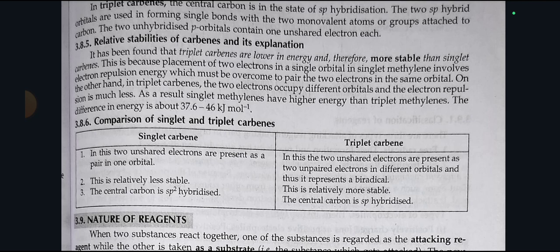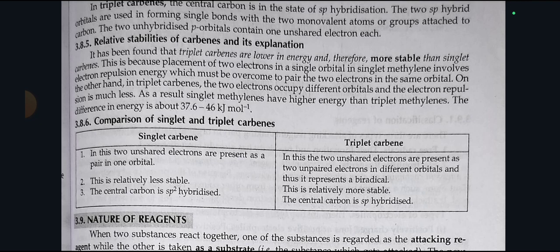On the other hand, in triplet carbenes, the two electrons occupy different orbitals and the electron repulsion is much less. As a result, singlet methylenes have higher energy than triplet methylenes. The difference in energy is about 37.6 to 46 kilojoules per mole.